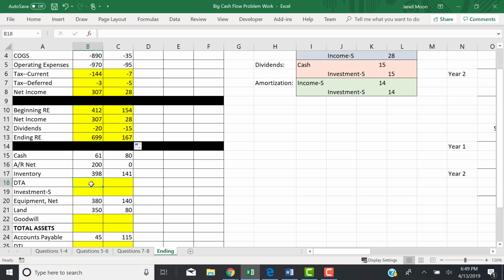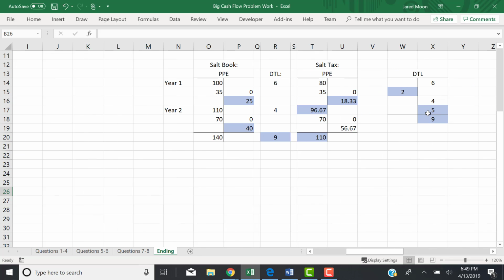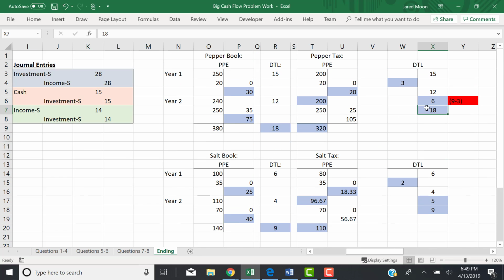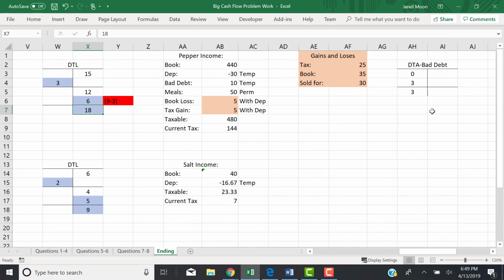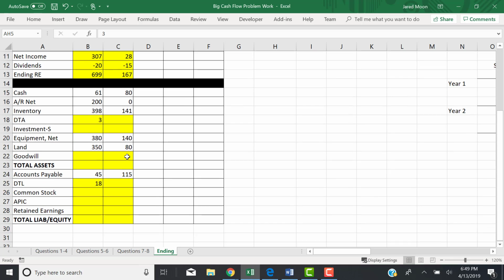DTA. What is the DTA balance? Well, you would want to put 3 and the deferred tax liability of 18, because you have a DTL right here for parent of 18, and you had that DTA of 3. Remember though that you net those on the balance sheet.